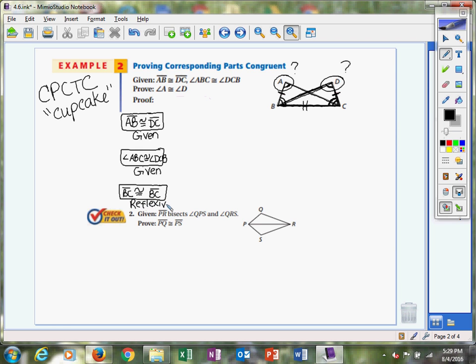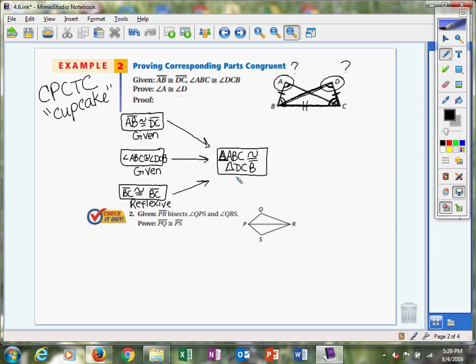These other two don't need arrows pointing from one to the other, but all 3 boxes are going to point to this box right here. And in this box, now we can say beyond a shadow of a doubt that triangle ABC is congruent to triangle DCB.